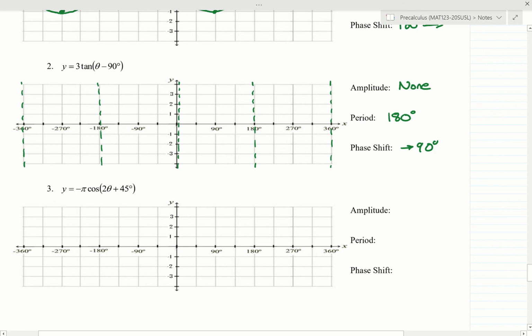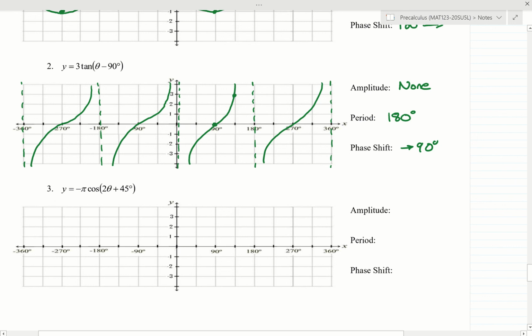And now let's figure out what's going on in the middle. I'm going to store 90. And I'm getting 0. What's going on at 135? Store that. Now it looks like it's 3. And our graph is starting to take shape here. We know what the graph of tangent looks like, so we could just kind of fill in the middle.